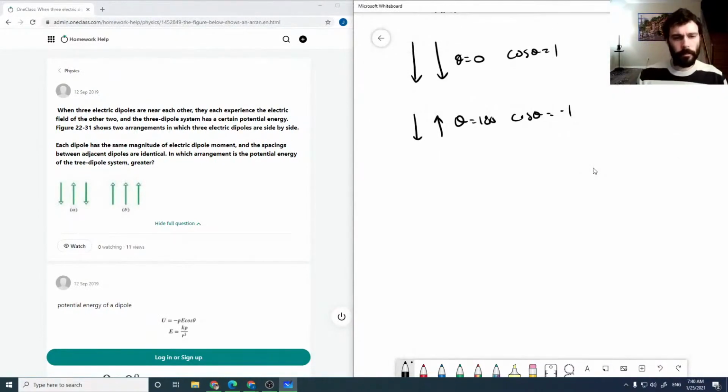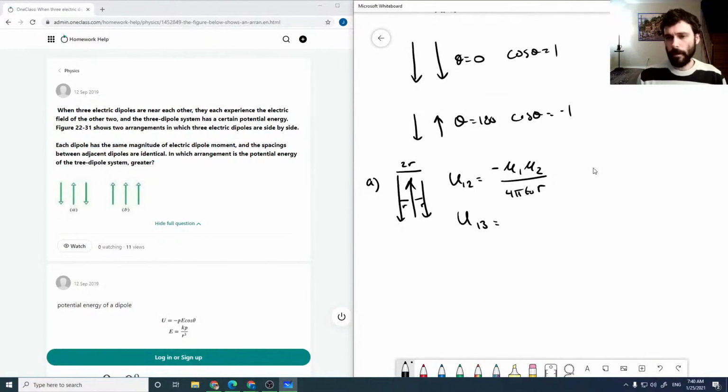So for A, we have an arrangement like this, where each of these R's is the same, and then that's 2R. So our potential energy between the first two would be minus mu1 mu2 over 4 pi epsilon naught R cubed. U13 would be mu1 mu2 over 4 pi epsilon naught times 2R cubed.